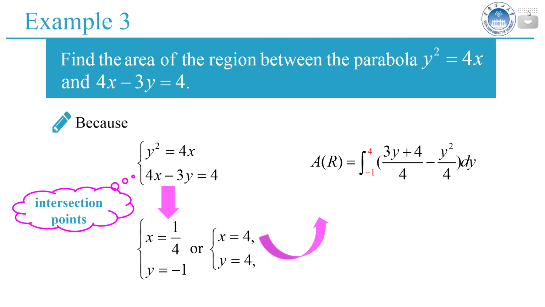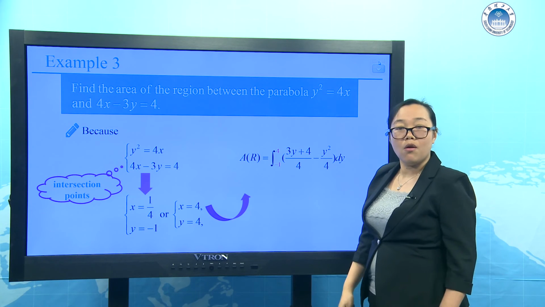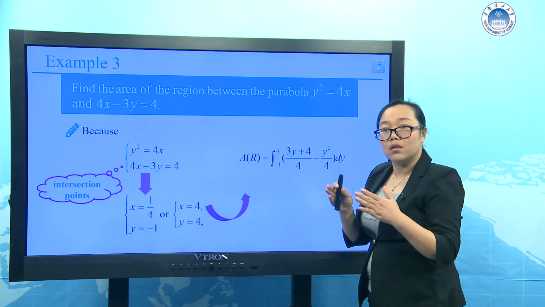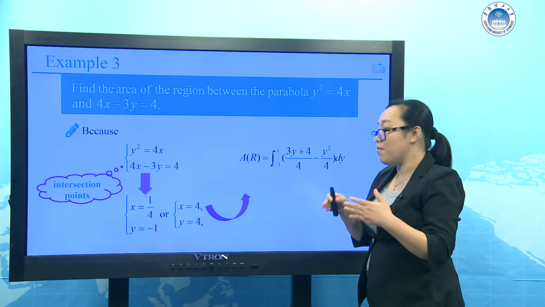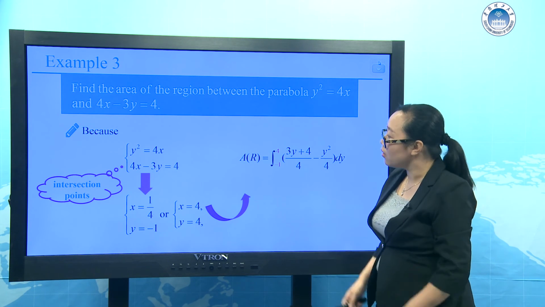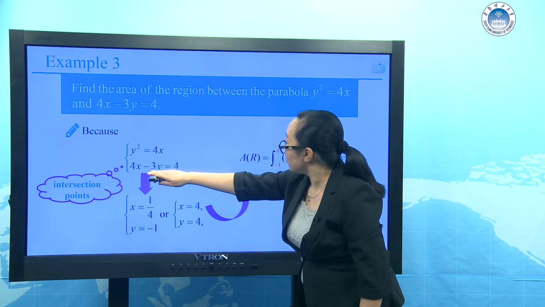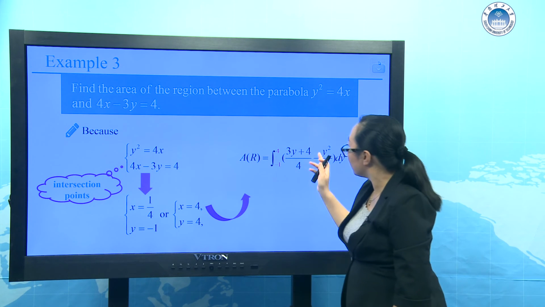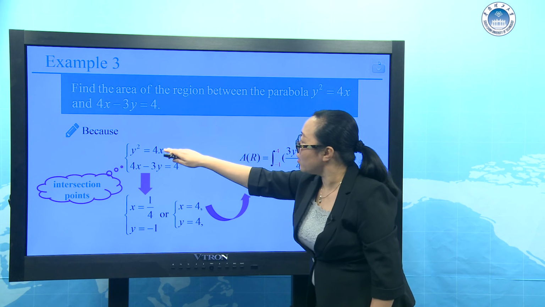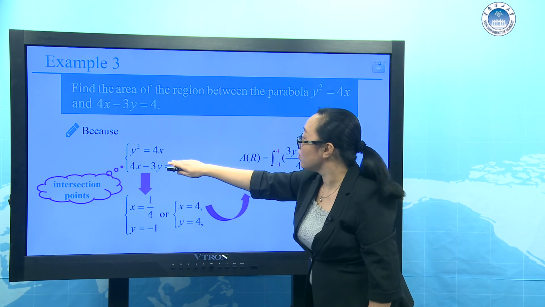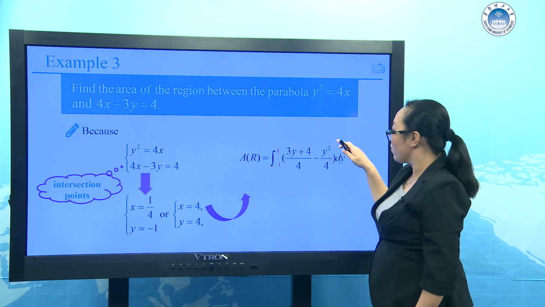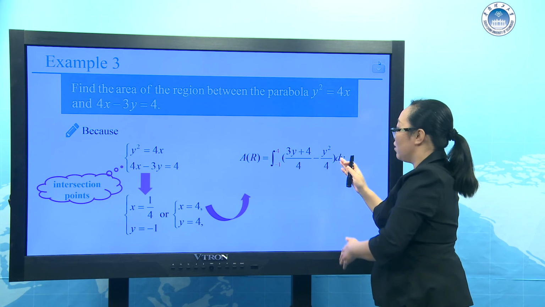So y from -1 to 4. The bracket means x equals one expression minus another expression from here. x equals (4 plus 3y) over 4. So the first term, and for the other given equation, x equals y squared over 4. So y squared over 4, bracket dy.